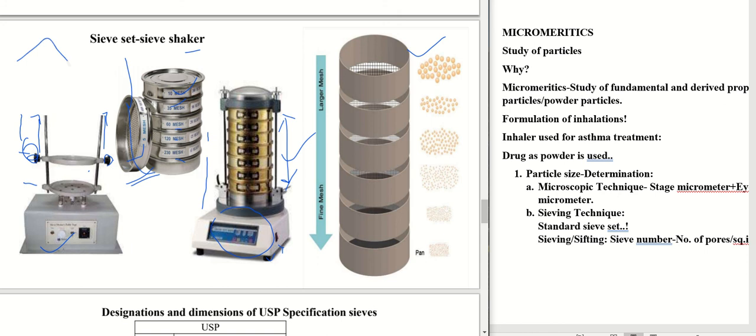Suppose this is the square inch, so for sieve number 5 the square inch should have 5 pores, right? 5 pores means larger. So this is sieve number 5. Now consider sieve number 10. This is the sieve per square inch. 10 means 10 circles, sorry.